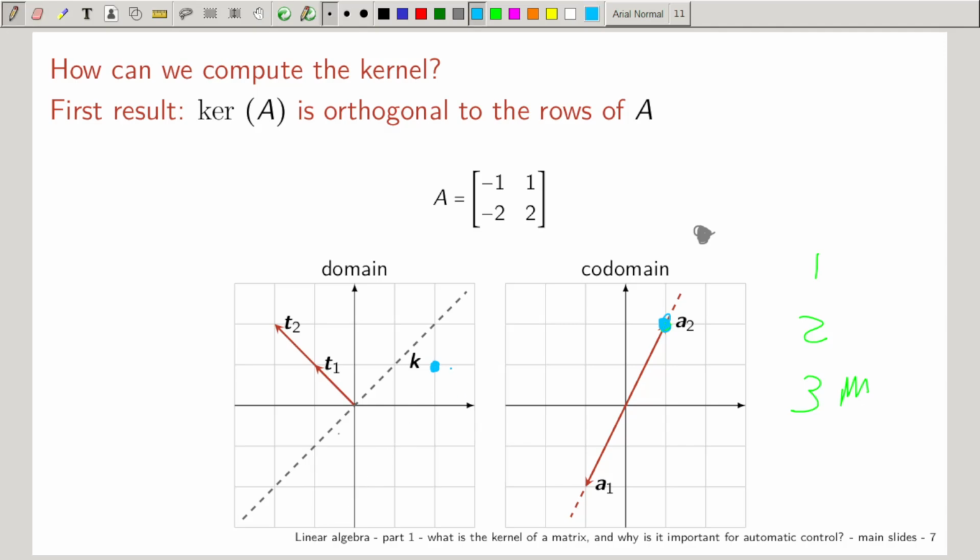If I take y of this x, it's going to be twice a1. No, sorry. Sorry, people, I messed up with a1 and a2. But you got the point, though.